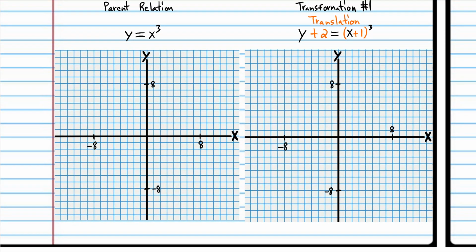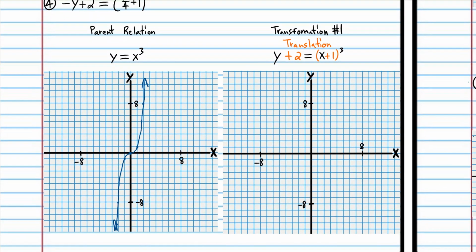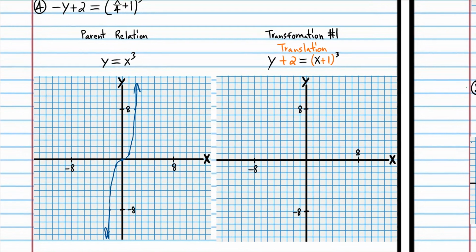We're going to start by graphing that. 0, 0, 1, 1, -1, -1, 2, 8, and -2, -8 are reference points. But this graph is kind of challenging to graph. So if you find that this is difficult to graph, that's okay. It is a little difficult. So we graph the parent relation.